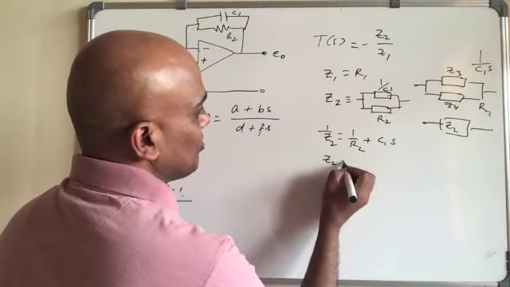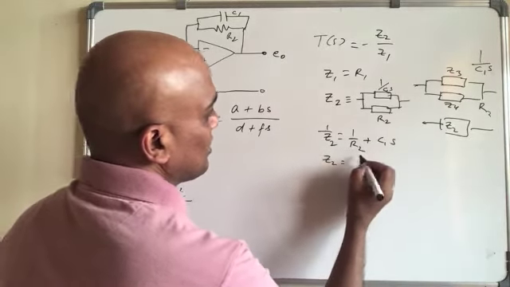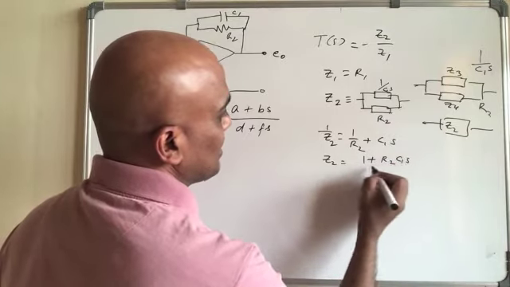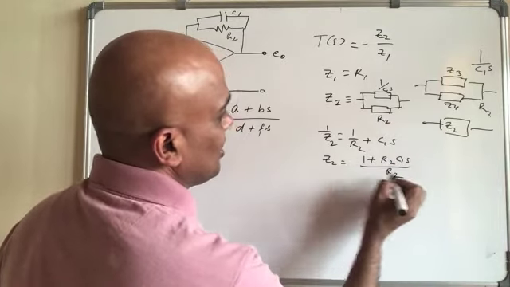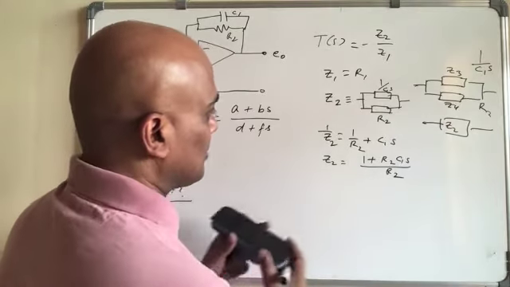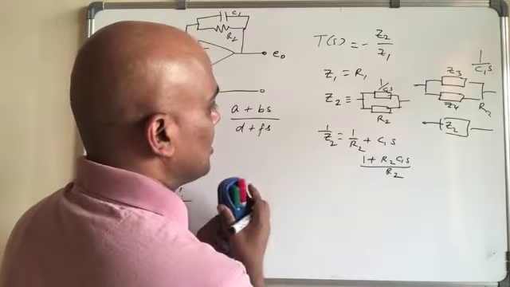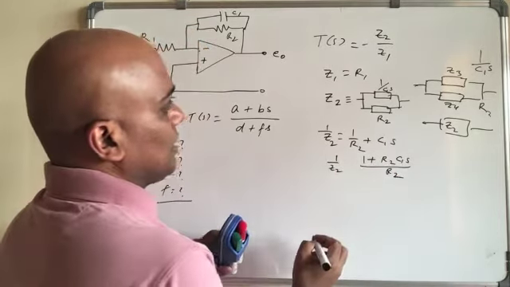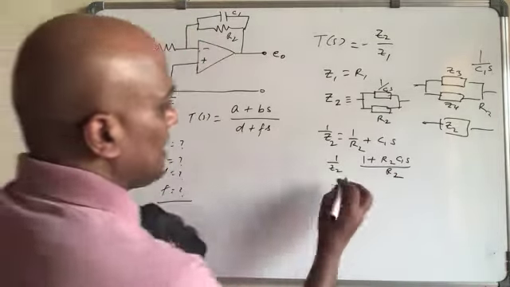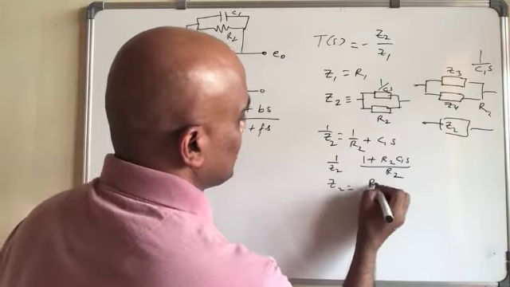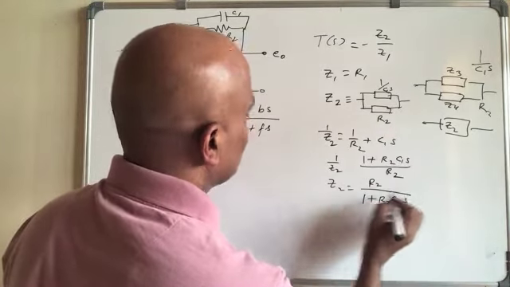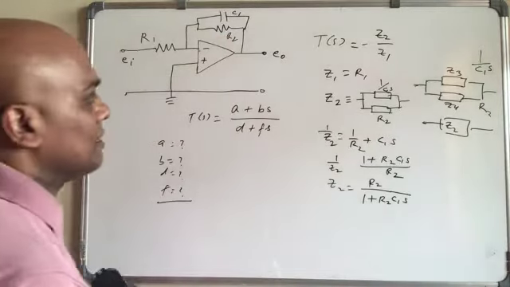Hence Z2 will be equal to R2 over 1 plus R2 C1s.